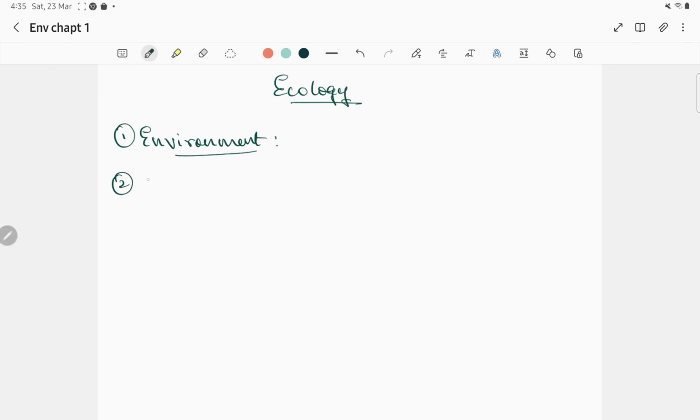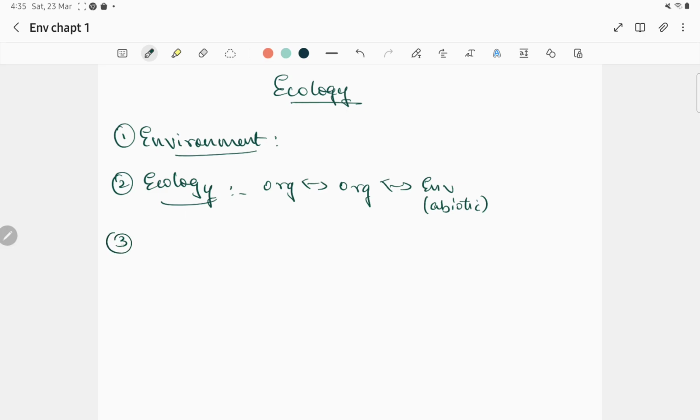The second one is ecology. Ecology is a subject which studies the interaction between organisms and also with the physical environment, meaning abiotic, which is non-living things. So interaction we will study in ecology.